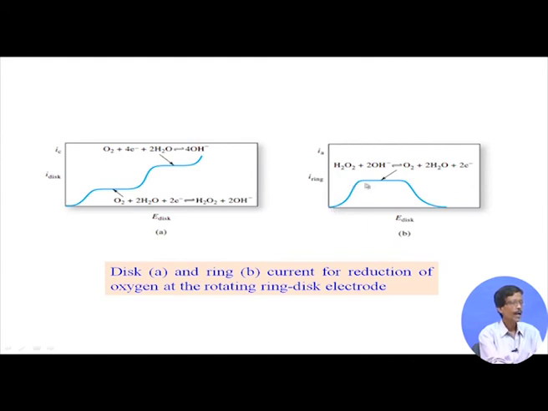So, you see that this particular current has a plateau and then again it is falling depending upon the concentration of the H2O2 that is reaching there. So, the corresponding sense of the ring current is completely different. These two plots basically will be useful when we talk in terms of the development of the electrodes. Thank you very much.